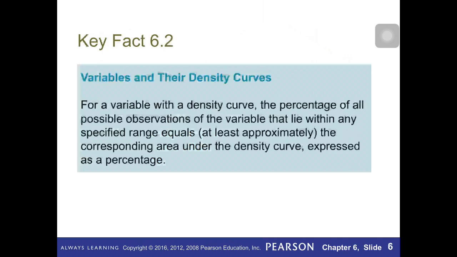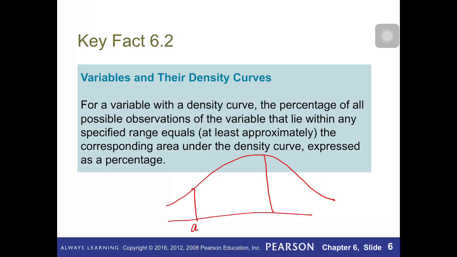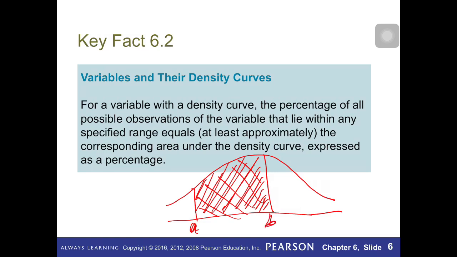Simply, if I have a curve like this, with the area from here to here, let's say this one is A and this one is B, then between A and B, the percentage of all possible observations can be given by the area between A and B. That's what they have mentioned here: the percentage of all possible observations of the variable that lie within any specific region, and my specific region is A and B, is the corresponding area under the density curve expressed as a percentage.